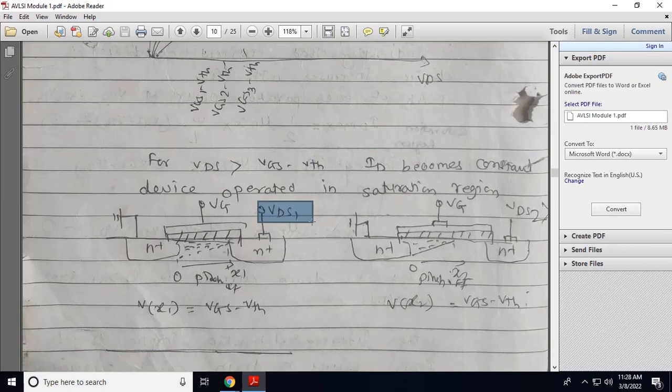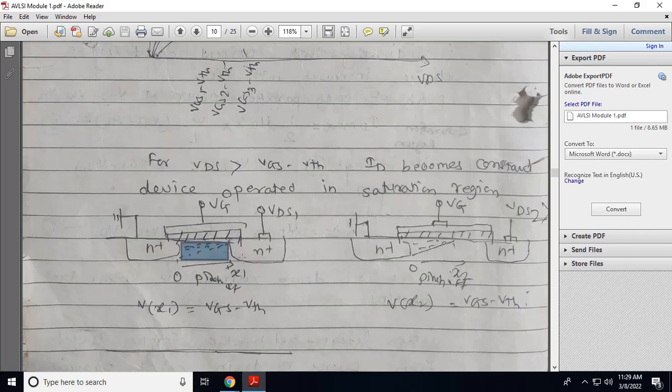Now when you apply positive voltage on the gate, the source is a supplier which will provide electrons, and those electrons will travel towards the drain through this channel, which is the medium. So electrons are moving from source to drain via the channel, and ID current starts to flow in the MOSFET.